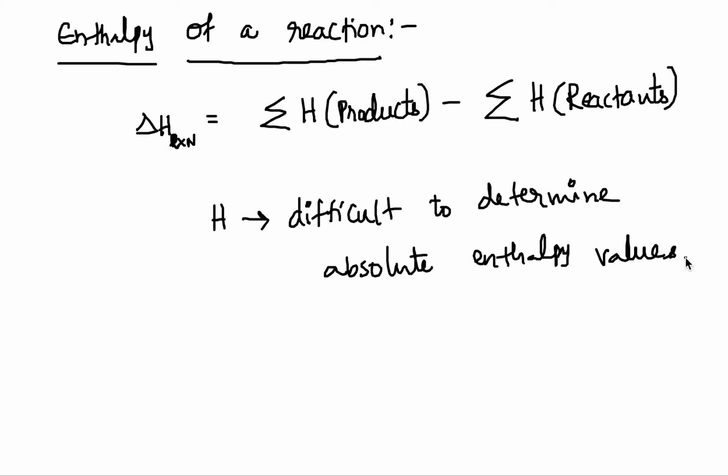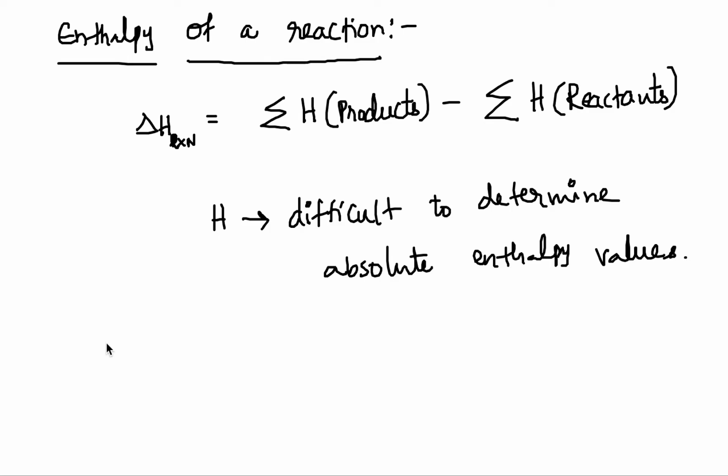Therefore, we need some kind of reference point, an arbitrary assignment of enthalpy values to some substances. From those arbitrary values, we can give numbers to the enthalpies of the remaining compounds. For that, we need to define a state for substances, and assign some enthalpy number to the substances at that state.